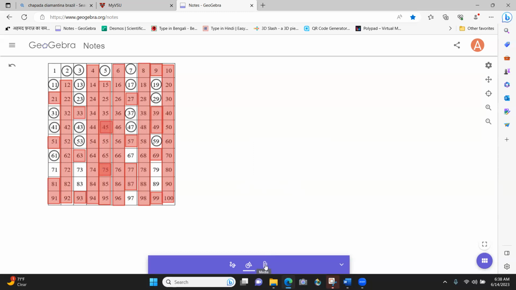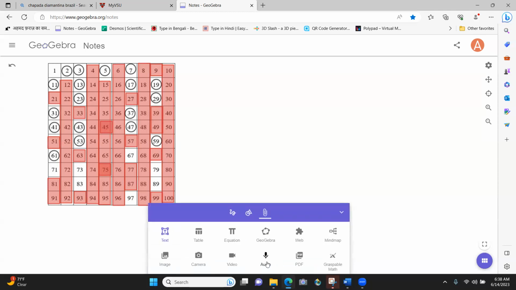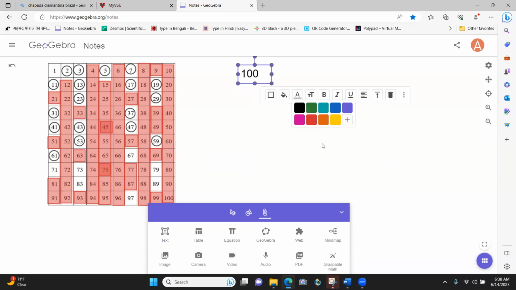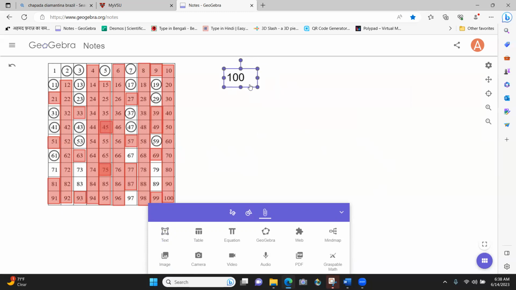Okay, another thing, very important point while we are on this chart. Let's say I want to find how many factors are there for 100. Now I can apply the factor tree method.